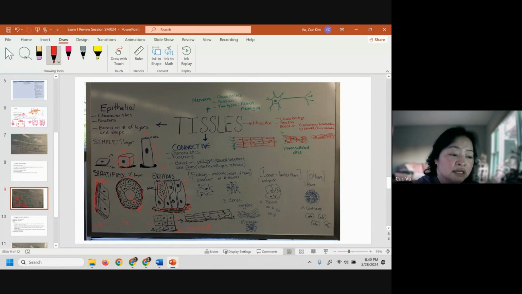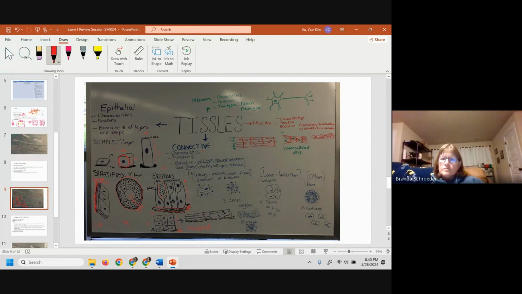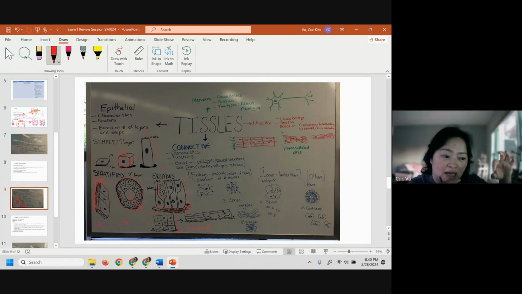Okay, so in adipose, it's mostly cells. All those globular cells right there, do you see how all of this structure is a cell? So here's one cell, here's another cell, here's another cell. It's densely packed with these cells. Adipose contains adipocytes.